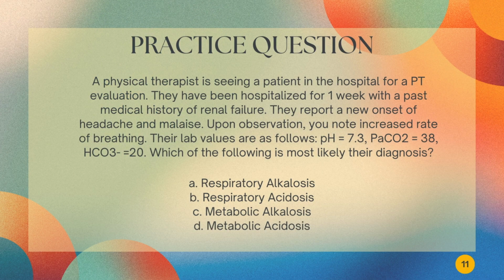Last practice question. A physical therapist is seeing a patient in the hospital for a PT evaluation. They have been hospitalized for 1 week with a past medical history of renal failure. They report a new onset of headache and malaise. Upon observation, you note increased rate of breathing. Their lab values are as follows. pH is 7.3, partial pressure of carbon dioxide is 38, and bicarbonate is 20. Which of the following is most likely their diagnosis? A. Respiratory alkalosis.